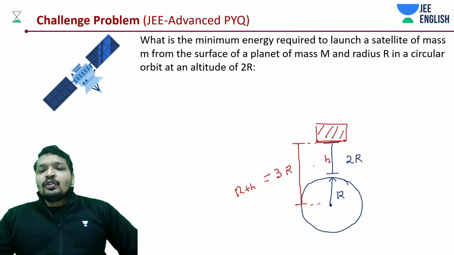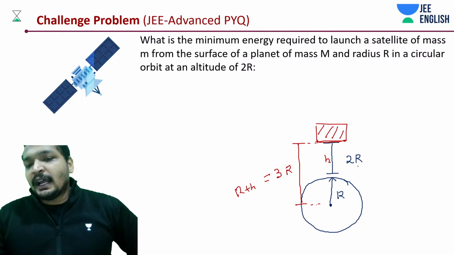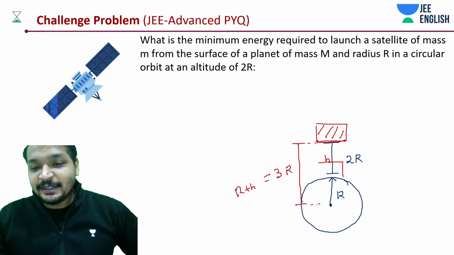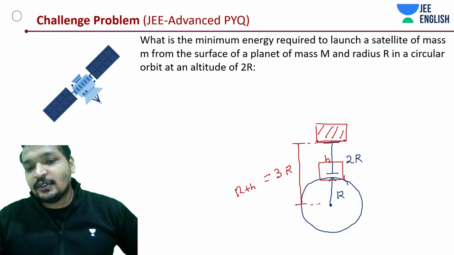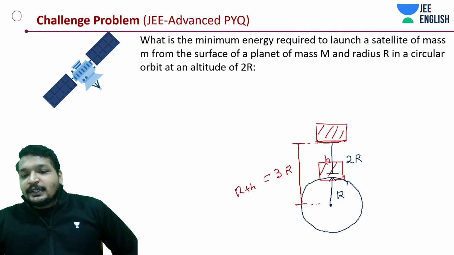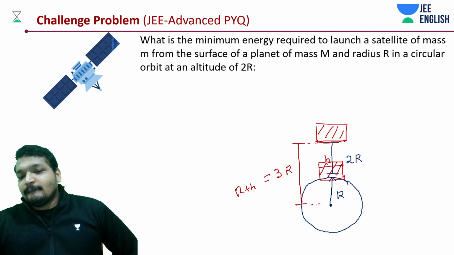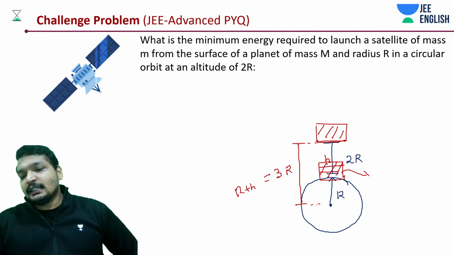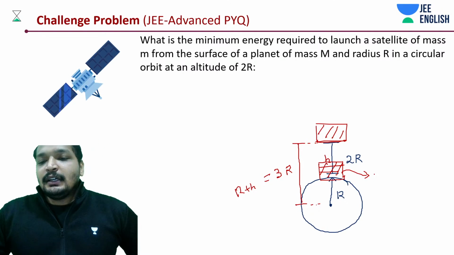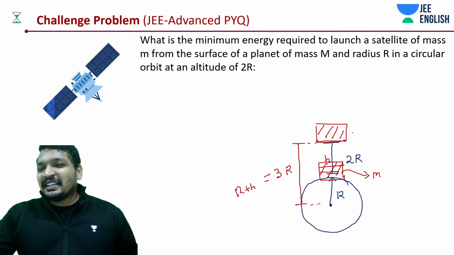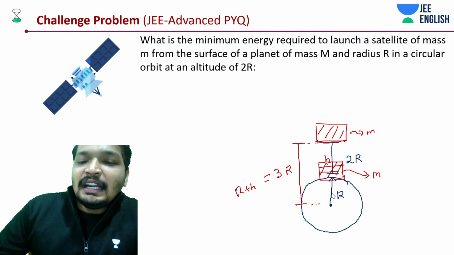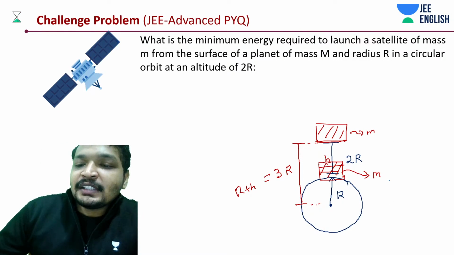Okay, so you are going to launch the satellite from here. Right, the satellite is going to be here. That's it. Now, does the mass of the satellite matter? No. And what is the potential energy at this point?